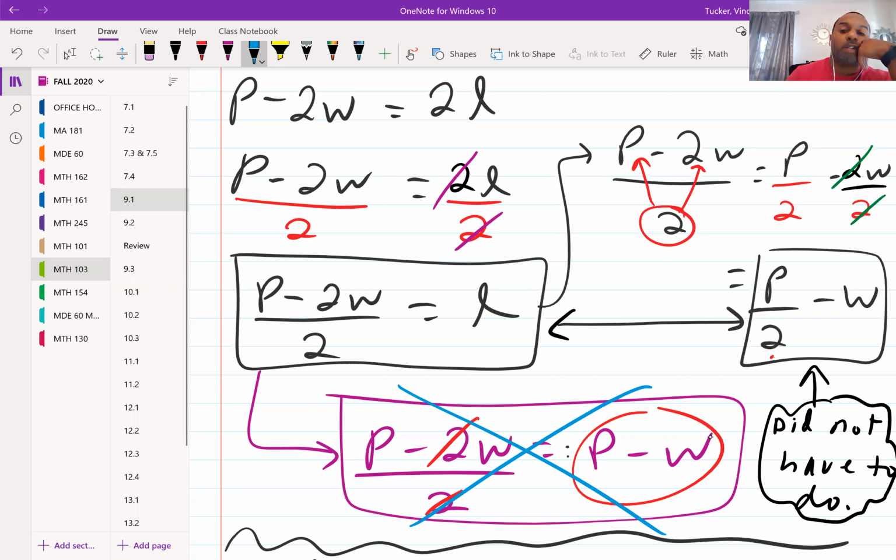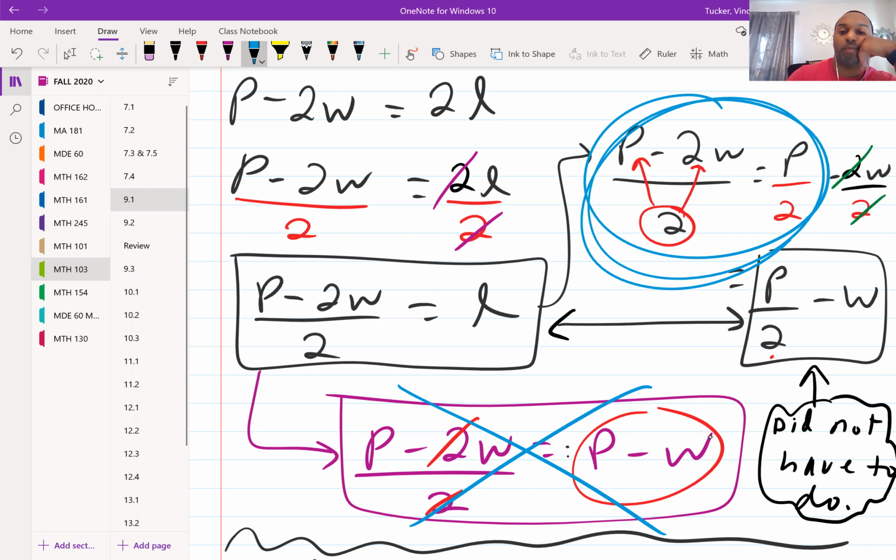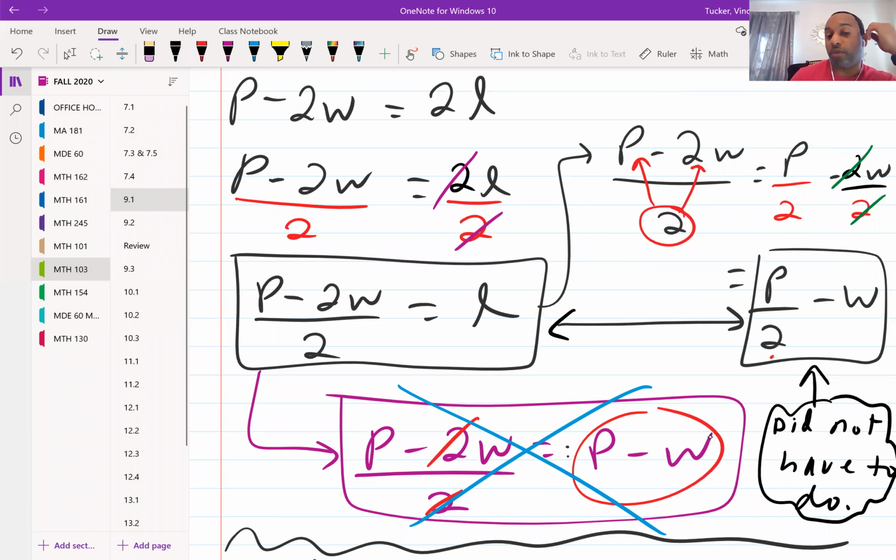So make sure you're careful with this. Reducing further up here would be the correct way of doing it. That 2 has to go into each term in the numerator. So you have to do P over 2 and then minus 2W over 2. Once you do that, if you can reduce, you go ahead and do so, and those 2's can cancel.